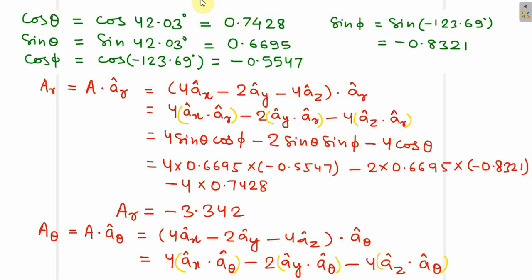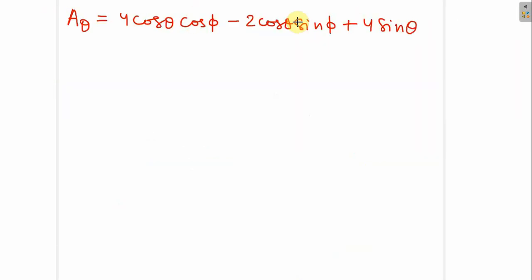Now see, this cos theta, sin theta, cos phi, sin phi we have already calculated. So we just have to put in the values as we solved earlier. I will directly write the answer, and you can solve it and check it. So it is 2.266.